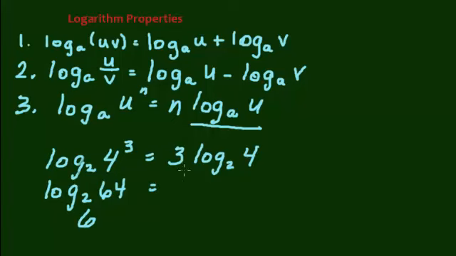So let's see if that works over here. This is 3 times, what is log base 2 of 4? That would be 2, because 4 is 2 powers of 2. And this does indeed equal 6. Okay, now I've got some examples of why this property actually works. So let's use them to do a few problems.